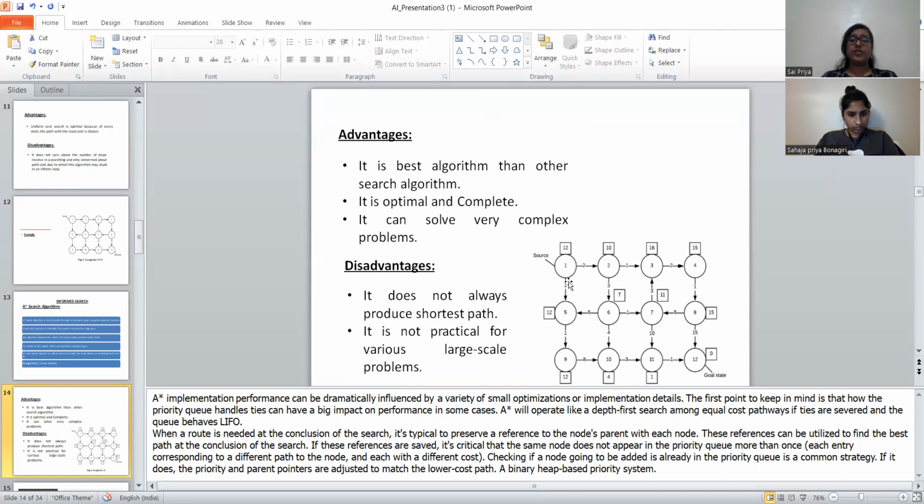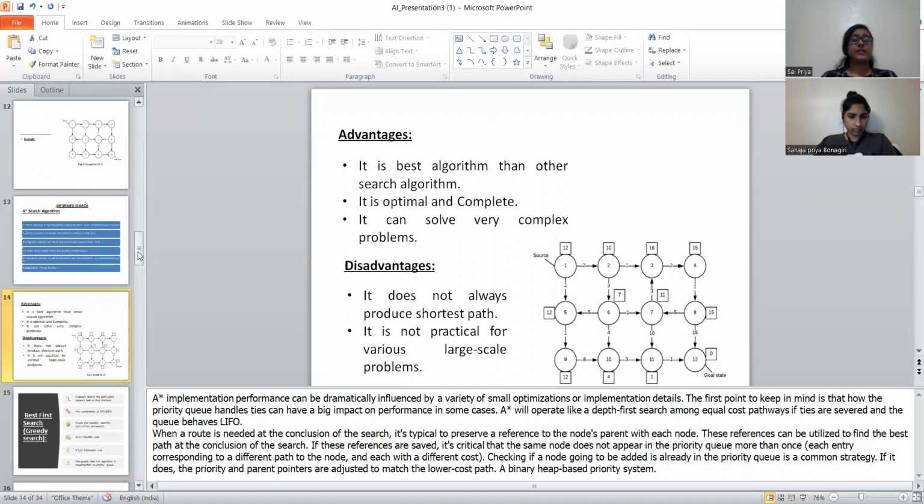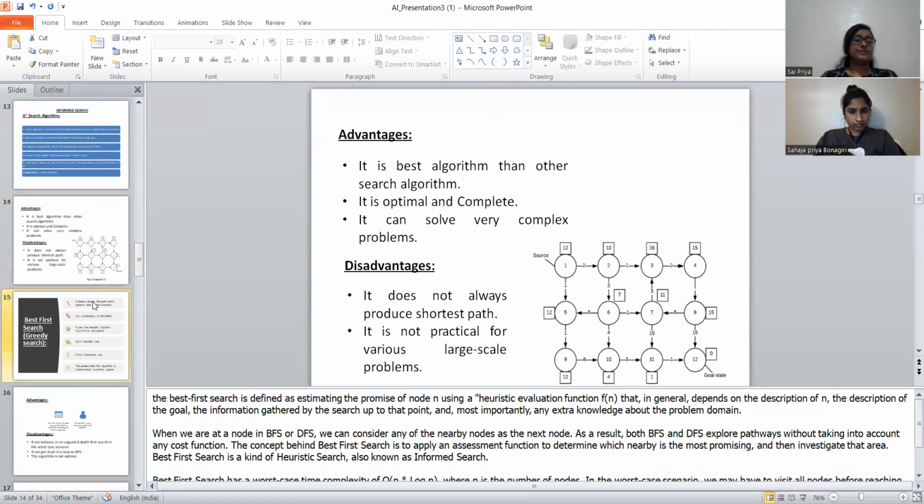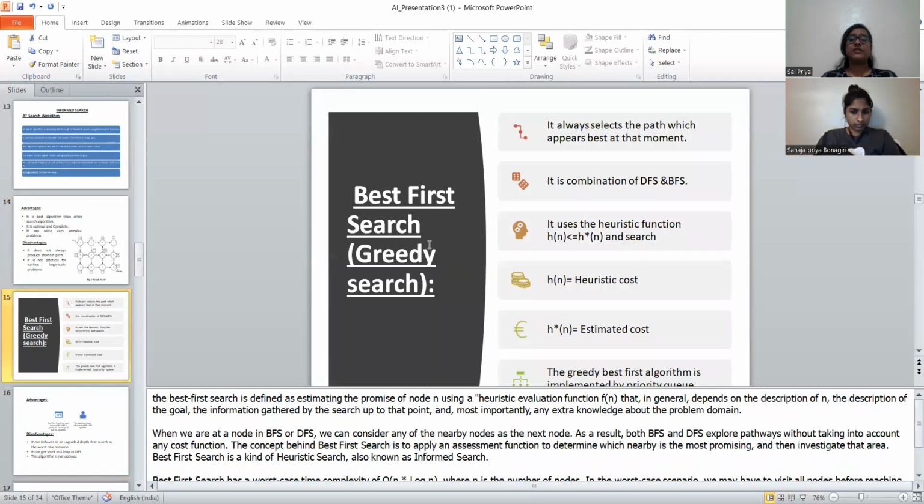We have to take the cost of search and h of x, so we have to reach every level and every node, because it is reaching the goal node, so it takes more time compared to other algorithms, but it takes less memory.